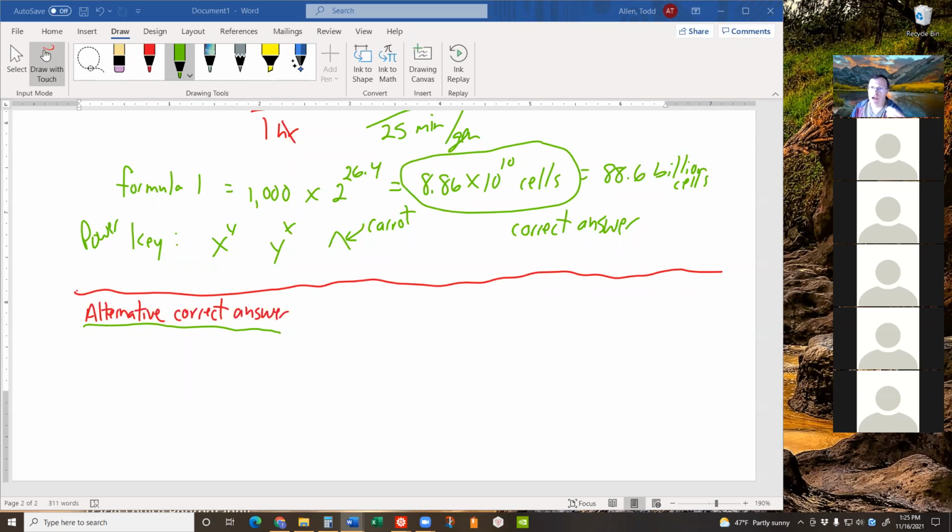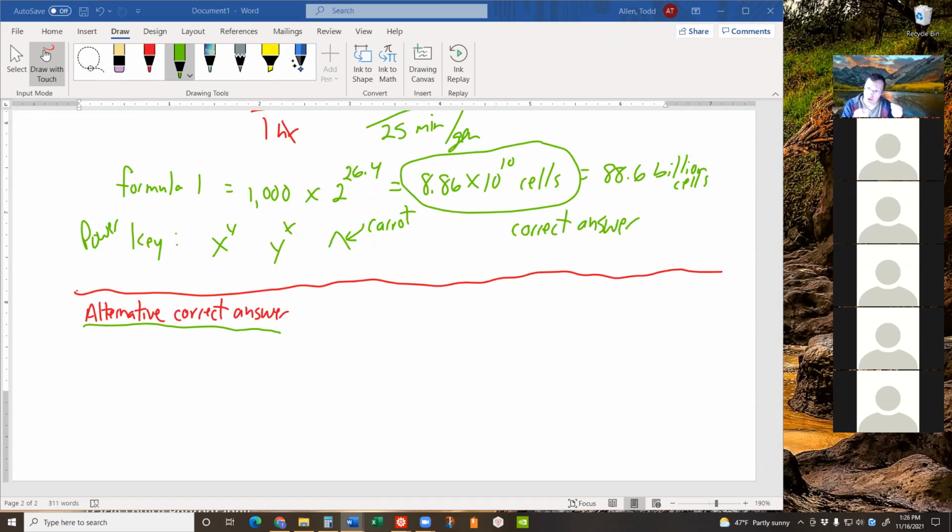So I'm here to tell you, 26.4 generations, 0.4 of a generation will lead to an incompletely formed group of bacterial cells that themselves will never make it. They will never live. They will die. So what I'm saying is, 26.4 is the mathematically correct answer for the number of generations.